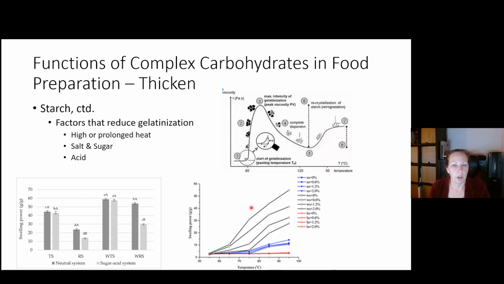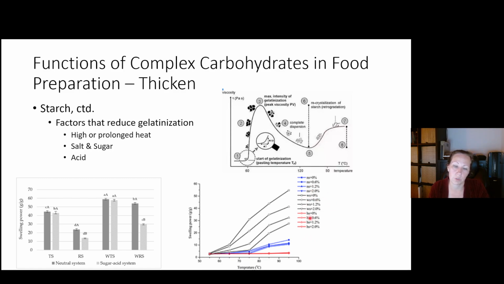This second figure is corn starch with different levels of salt that have been added. So the NS is normal starch, the WS is waxy starch, and the HS is a high amylose starch.